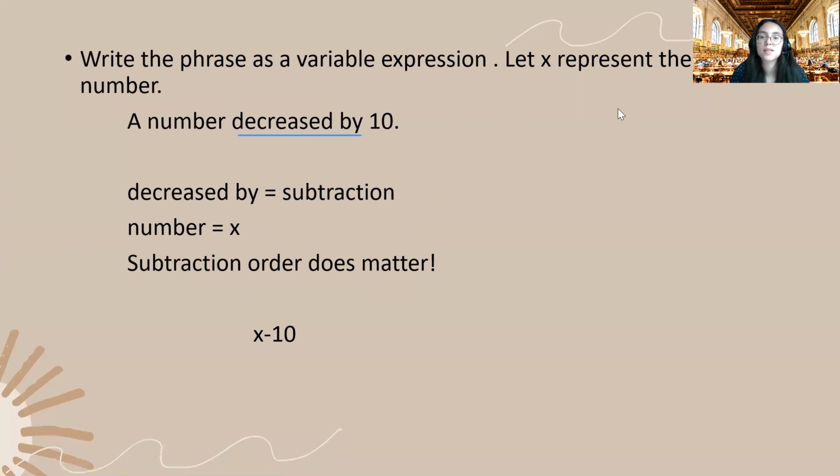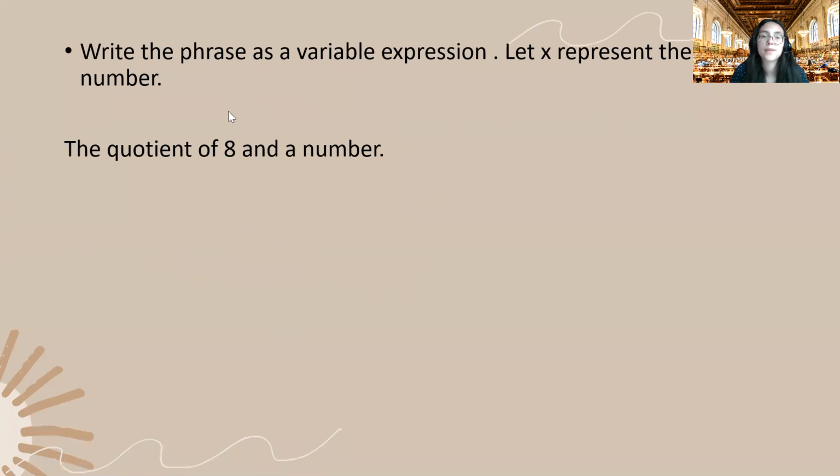So let's continue. Again, we're going to write the phrase as a variable expression and let x represent a number. So we have the quotient of 8 and a number. So just by reading this, I'm noticing this keyword right here, quotient. What does quotient mean? Where have we encountered the vocabulary word quotient?